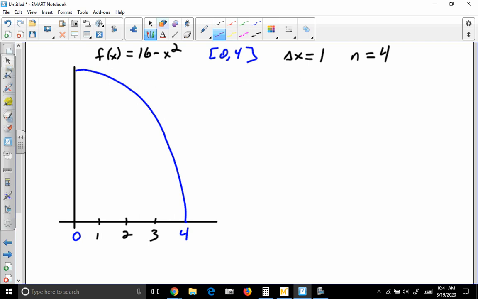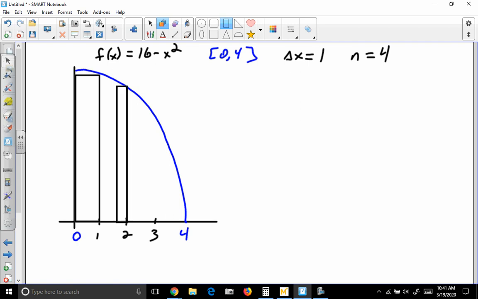If we're going to do a right-hand sum this time, then we're going to use the y value associated with the right side of the interval. The right side of the first interval is 1, so we use the y value at 1 to determine the height of that rectangle. The next interval goes from 1 to 2, so we use the y value at 2 to determine the height of that one. 3 for the next one, 4 for the last one.